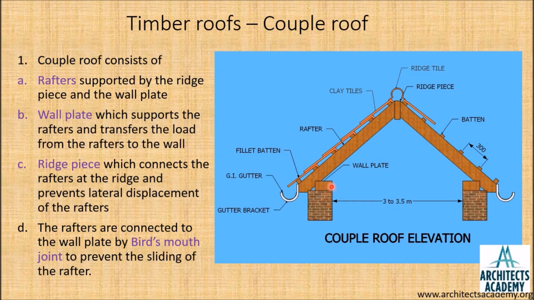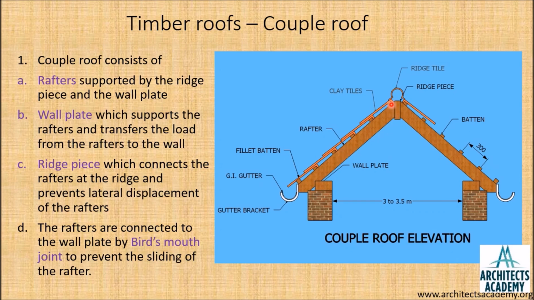So there is one wall plate here and there is another wall plate here. Now the rafters are bird's mouth jointed to the wall plate, which means that this particular type of joint will prevent the rafter from sliding down. We'll see more about this joint in the next slide.